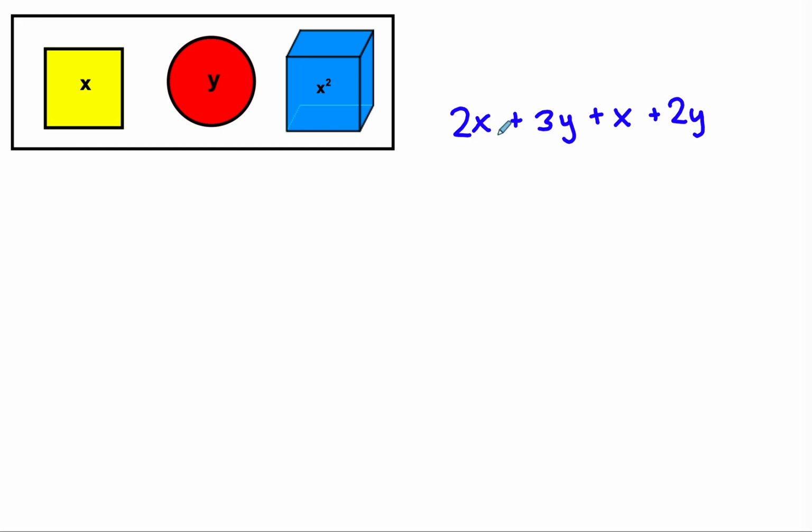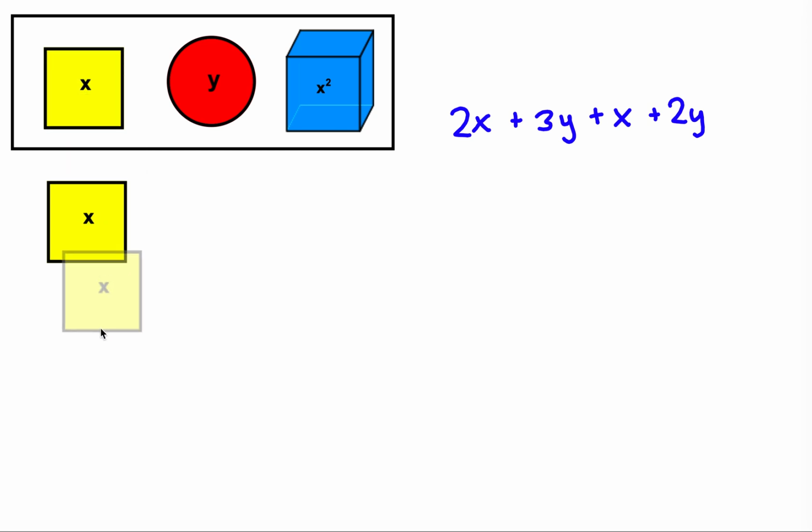So our variables here stand for numbers that we don't know, and you can think of them as different shapes. So I have some objects over here that I am going to pull to represent my expression. So for x, 2x means I have two of them.